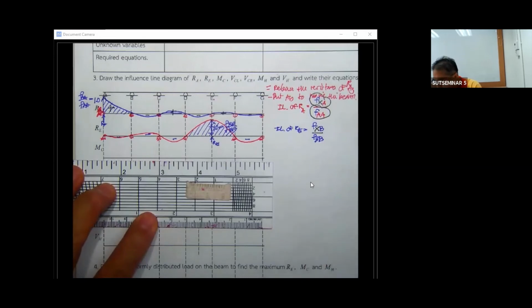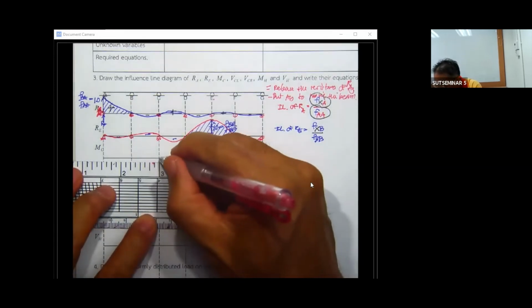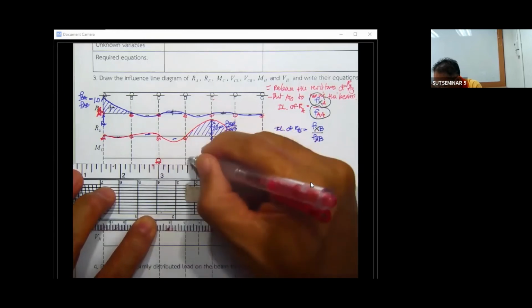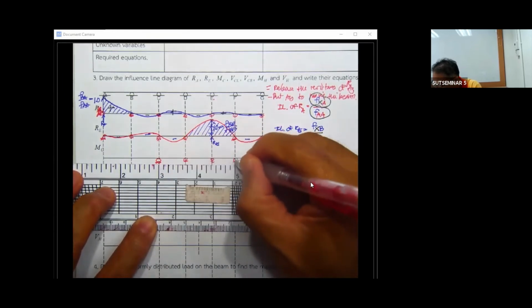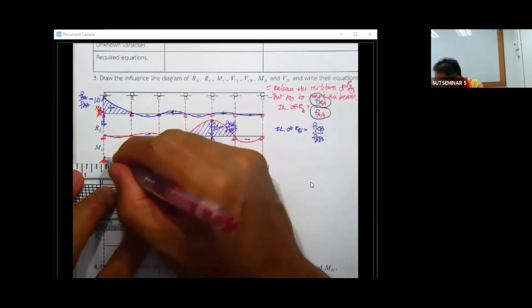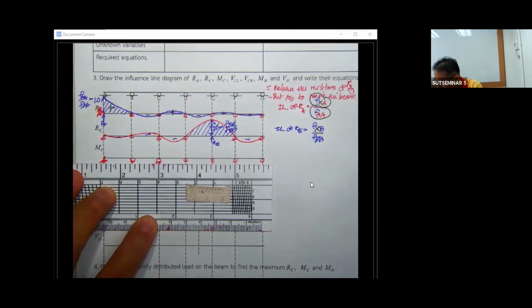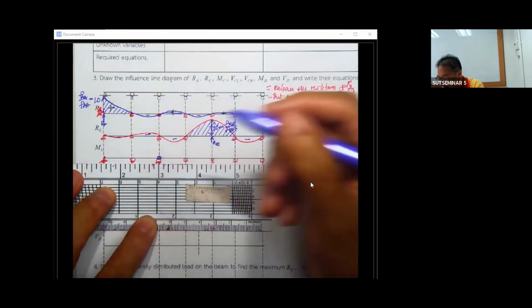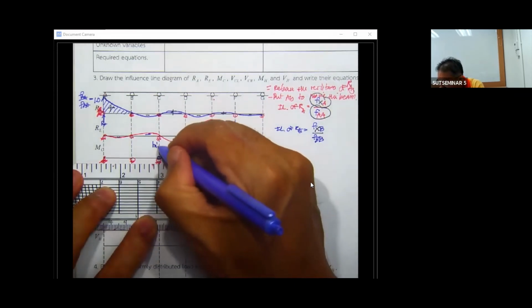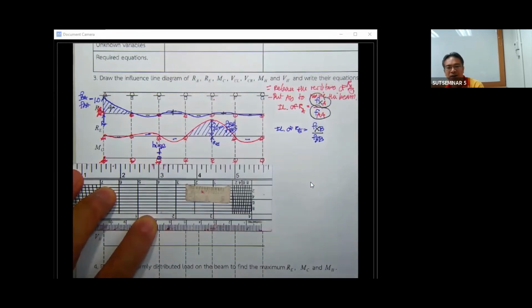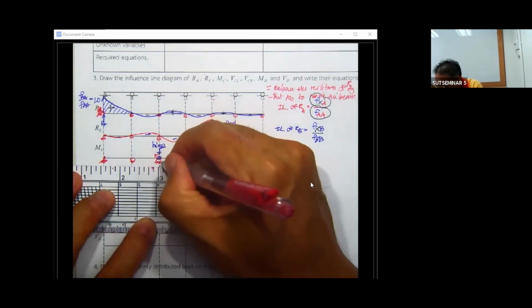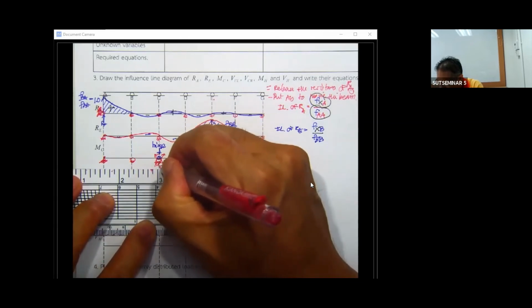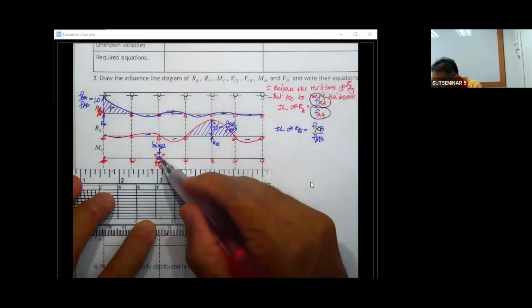Now we move to draw the M sub C. So what is the C? The C is here. It's going to follow the same thing, but you have to release the resistance to the moment at C. That means you have to put the hinge over here, and then apply the moment M sub C. When you put M sub C, this is the hinge.